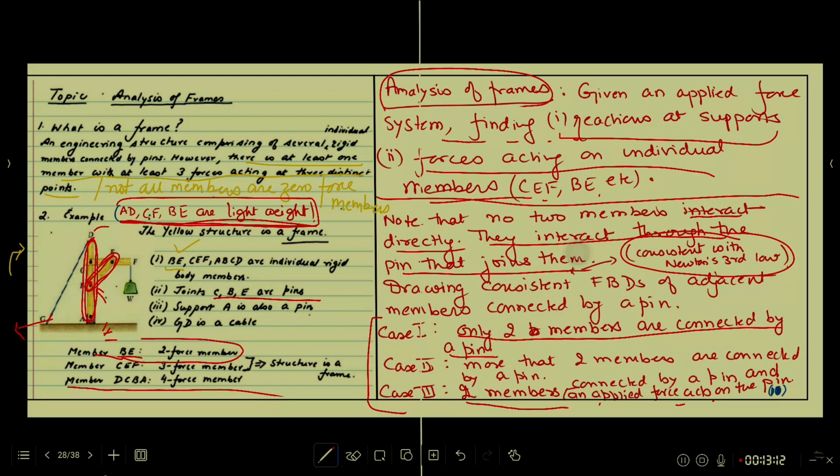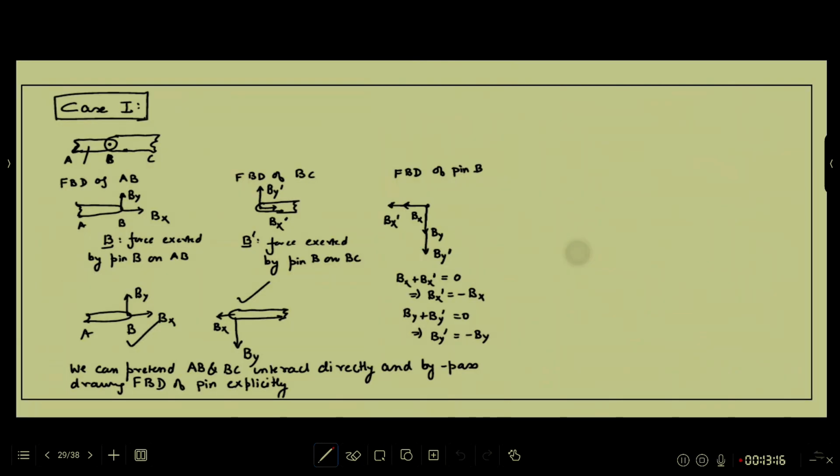Case 1. There are 2 members of the same frame interacting through a pin here. Now here I have shown truncated FBDs. Truncated means this AB is maybe connected to some other members also here, may be connected to another member.